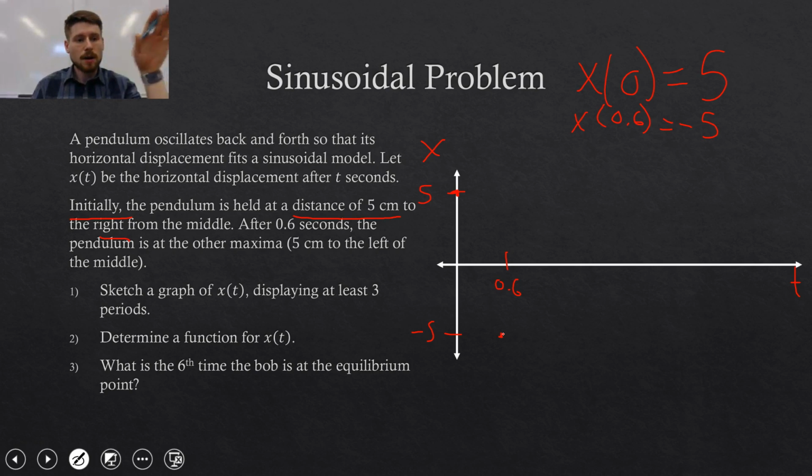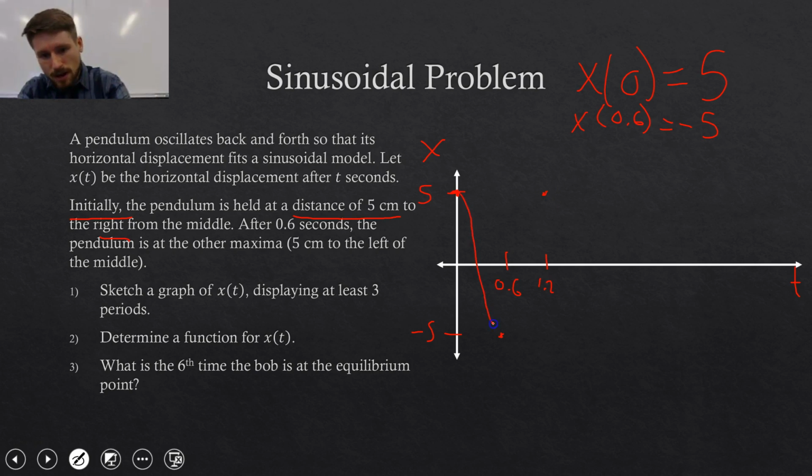Okay, now from here we've got half a cycle. We've gone from the max to the min. So if I go another 0.6 seconds, so this would be 1.2, we'd be at the max again. And so we can see from this that the period is 1.2. So let's go ahead and sketch the graph. There's 1 cycle, and I want at least 3 cycles.